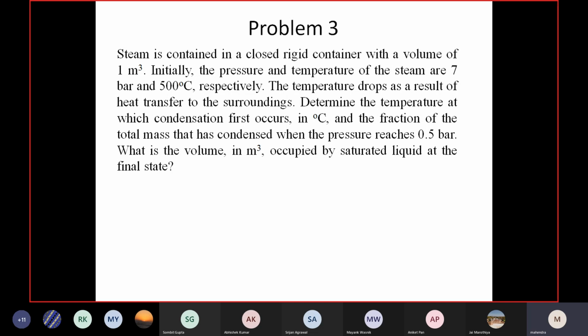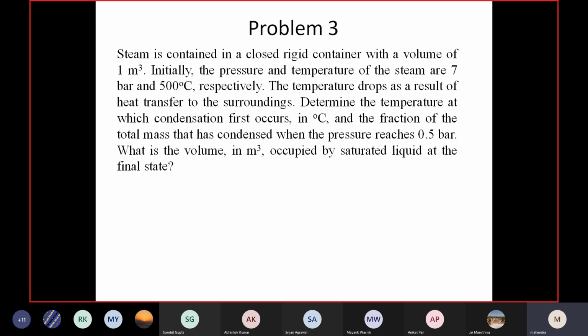So what is the problem about? Initially, there is steam with a volume of 1 meter cube, at 7 bar and 500 degrees centigrade. It is losing heat to the surroundings. Then you need to find out at what point the initial condensation starts.